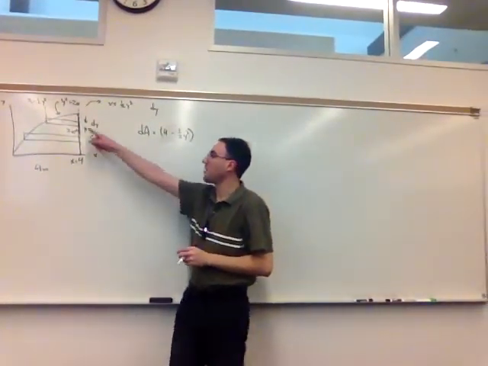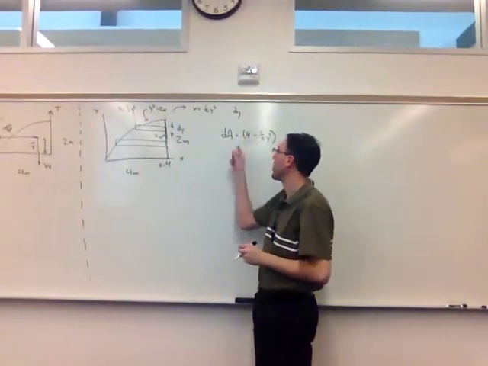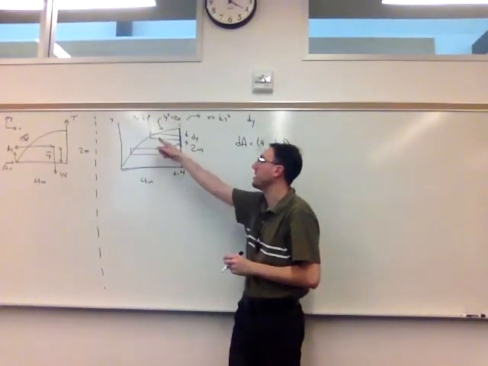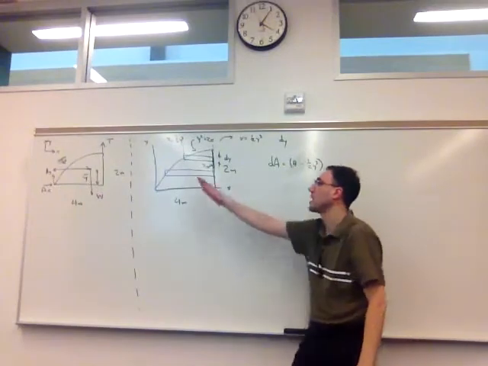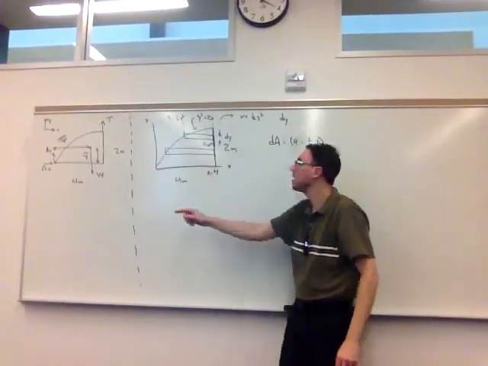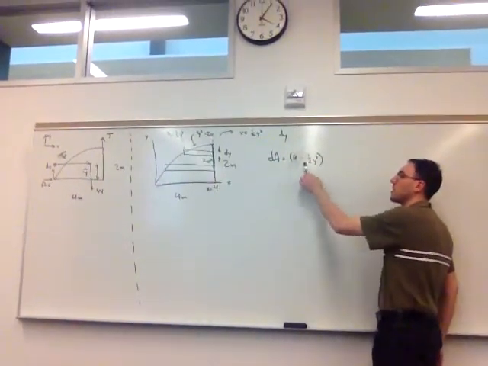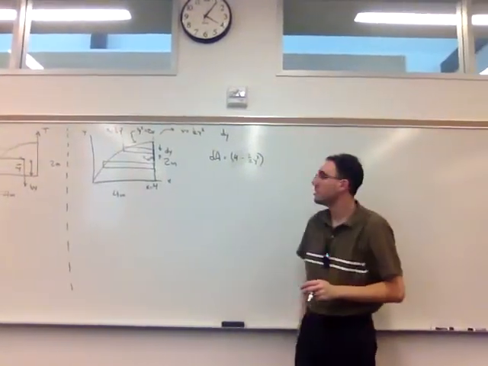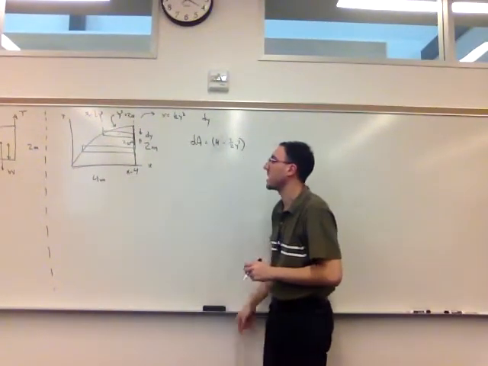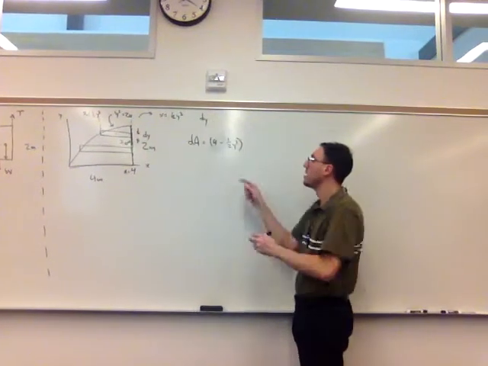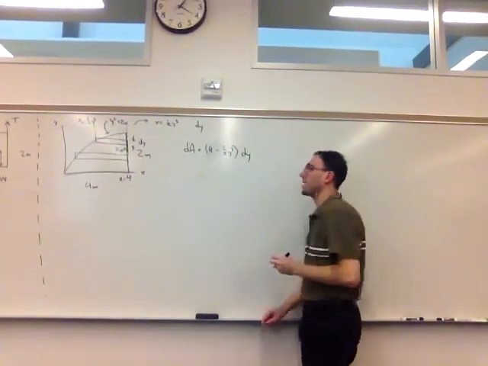That's true for every rectangle here. So the smaller my value of x is, the closer my left-hand side is to the y-axis, so the larger the length is. All right, so that's the length of every rectangle, the right-hand side minus the left-hand side, all in terms of y. And again, every rectangle has a height of dy.